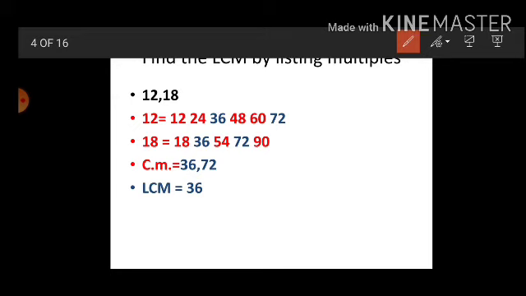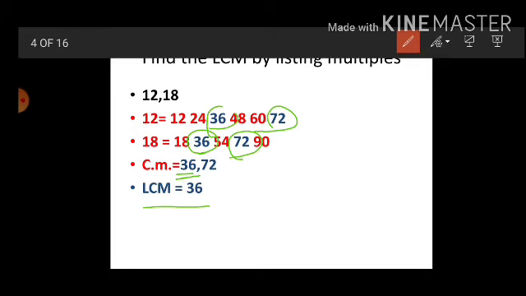Here 36 is a common multiple and 72 is a common multiple. Minimum we take out two common multiples. Now which is the smallest common multiple? 36. And 36 is the least common multiple.